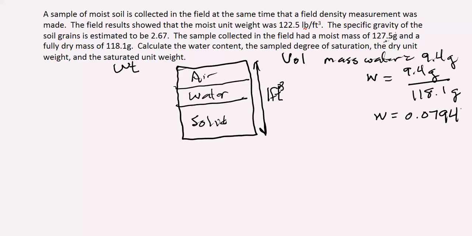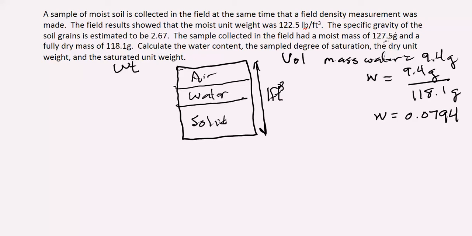That's going to be essential in order for us to be able to figure out these weights of the soil phases that we are about to calculate. So the next step is that we need to start getting actual weights associated with our assumed 1 cubic foot of soil.